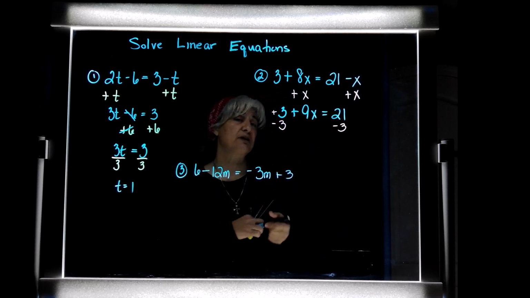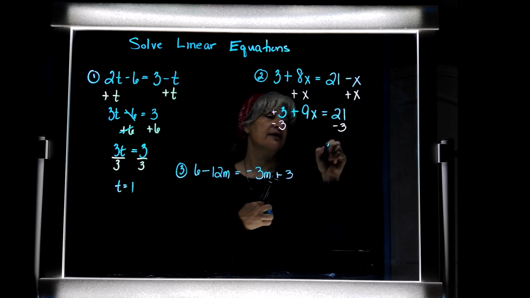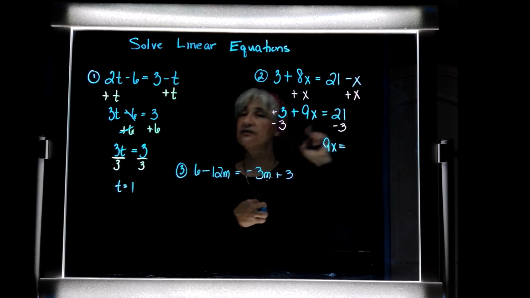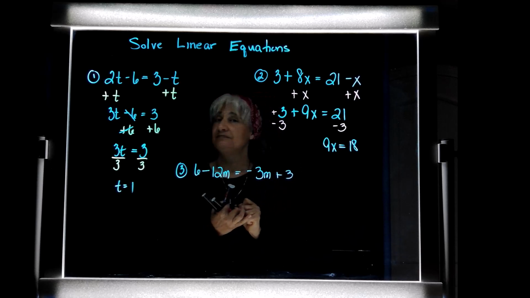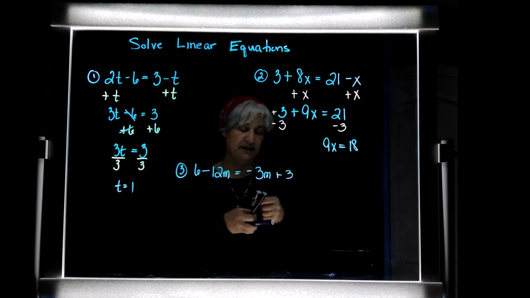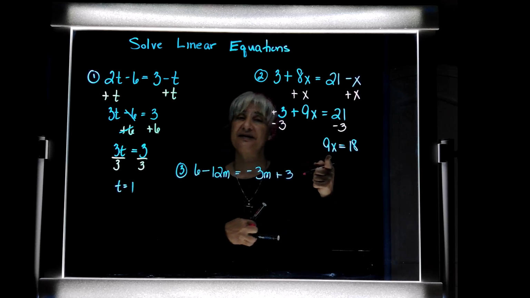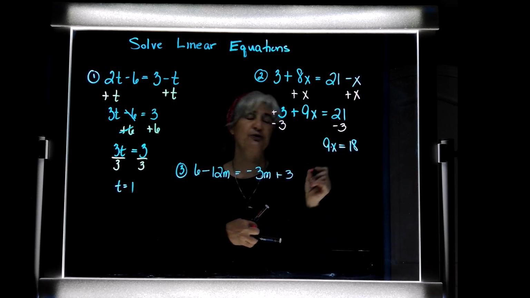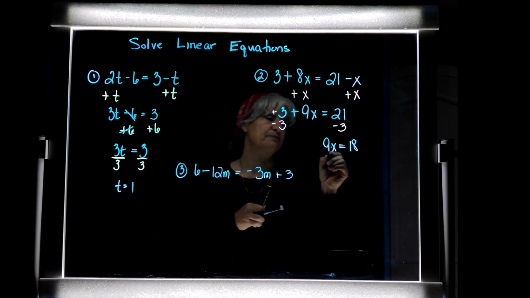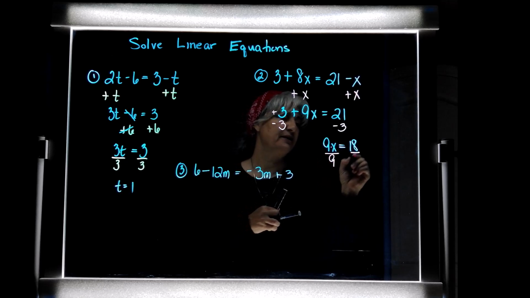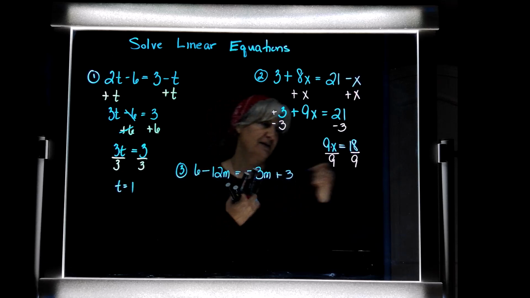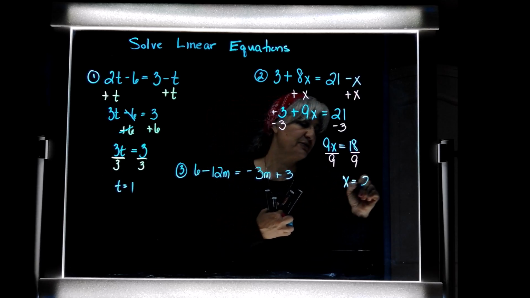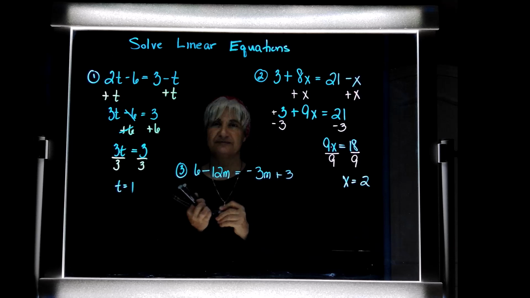So what's your next line look like? Good. Mine looks the same. 9x equals 18. Done? Not done, because the 9 has got to go. Attached by multiplication. Yep. Divide both sides by 9. And we get x equals 2. Well done.